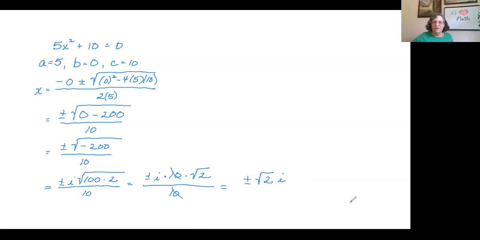Now, sometimes you'll run into what they call quadratic form. Quadratic form problems have something squared, and then in your middle term, you're going to have that not squared.